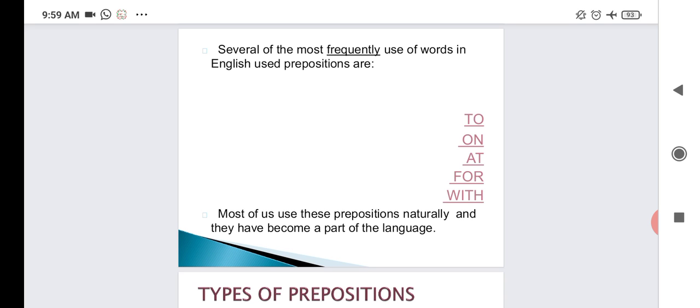Several of the most frequently used words in English prepositions are to, on, at, for, with. We find these prepositions many times in the language because we need to use these words again and again. Most of us use these prepositions naturally and they have become a part of the language.